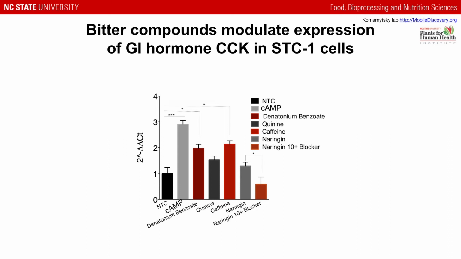So remember, these are strongly bitter. Naringenin, which is slightly bitter. You see that all these stimulations result in increased expression of CCK. And again, the same thing, if you block the message with probenecid, that activation disappears. Another set of proofs.